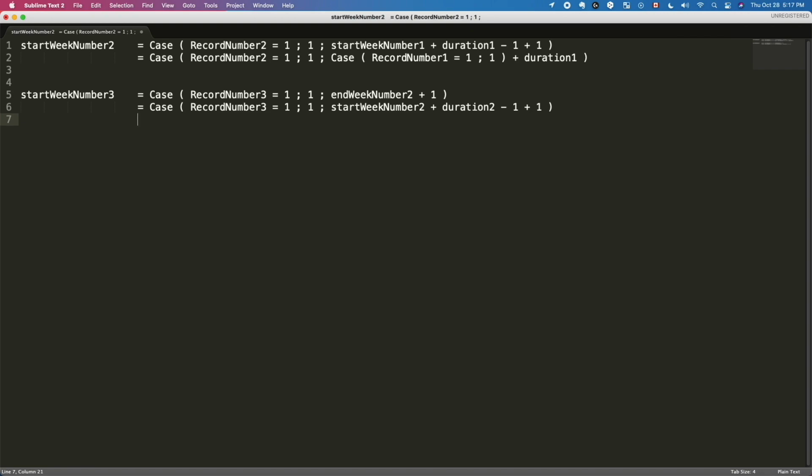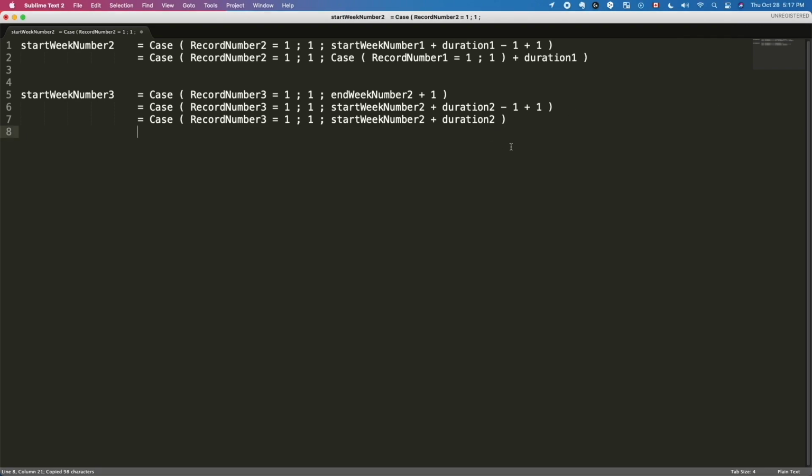And since we have a minus 1 here and a plus 1 here, they cancel each other. So we end up with this. And now, duration 2 is a user entered field, so we can leave it as is. But start week number 2 has its own formula, so let's plug that in.